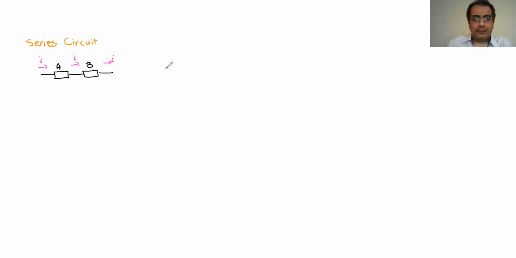So, for example, if I have A, and then I have B, and then I have C here, note here that there's just a wire there, and then I have the C. A and B are in series, but B and C are not in series anymore because there are two wires between them.